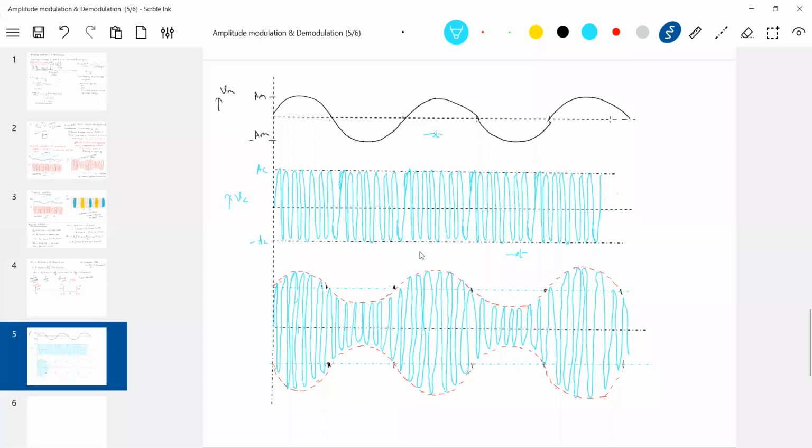Somewhere the frequency changes, and later on I'll adjust it. So this value we know, how much is it? This is AC. This value is AM plus AC. This is AC minus AM, and this is minus AC plus AM.